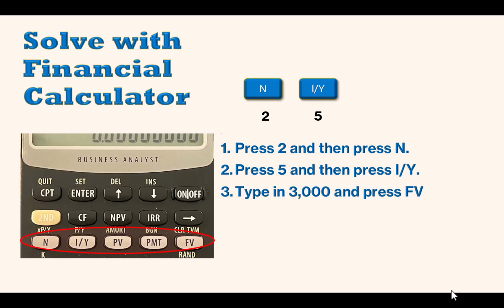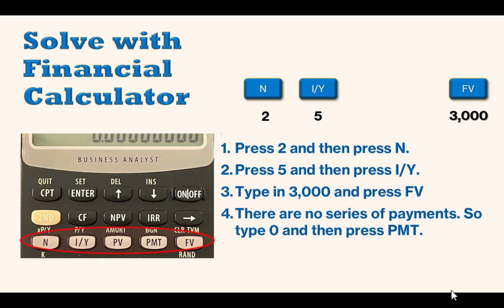Then type in 3,000 for our future value. Type in 3,000 and then press the FV button. So we have our time information in, our rate information in, and our future value information in. The next thing is payment. There are no series of payments taking place, so we could do one of two things.